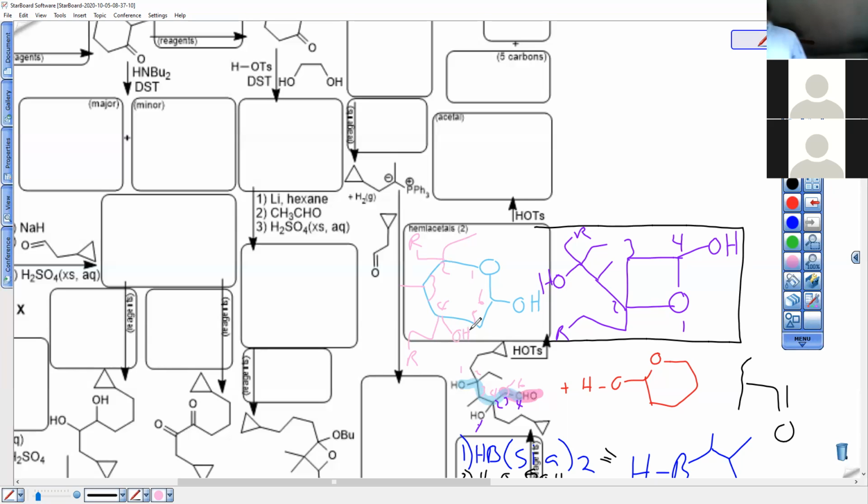Now remember, what happens during acetal formation is that the other alcohol attacks where the old alcohol used to be. This one's going to be eliminated by protonation and then resonate and make a double bond. The double bond is an activated carbonyl that gets attacked.